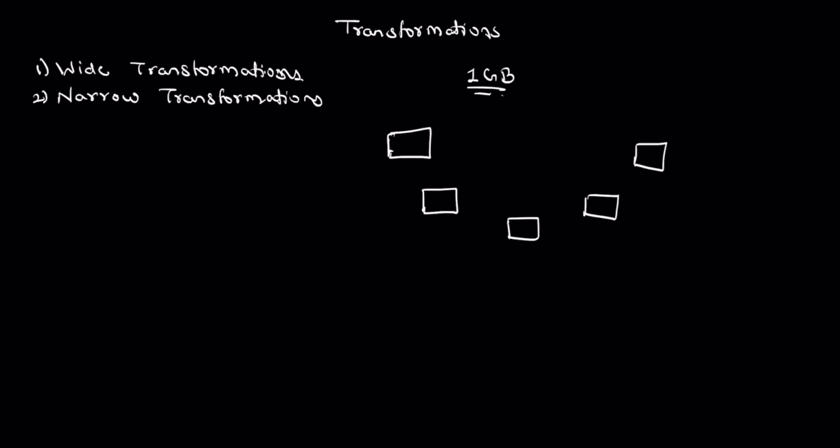So, what will happen is, whenever you do a group by operation, it is considered to be a wide transformation because to group the data, we need to shuffle the data across the worker nodes.